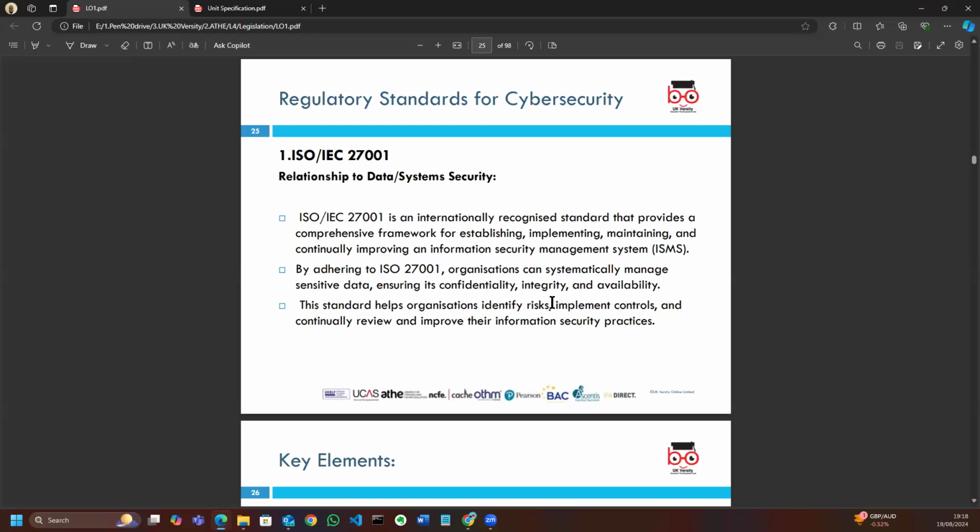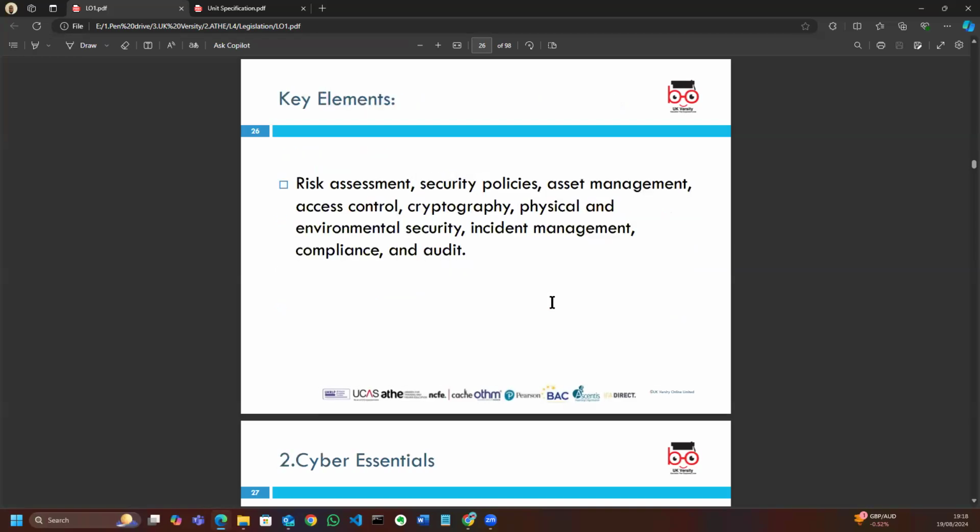So organizations can systematically manage sensitive data to ensure it is confidential and keeps its integrity and availability. What are the key elements? We're looking into risk assessment, security policy, asset management, access control, cryptography, physical and environmental security, incident management, and compliance and audit.